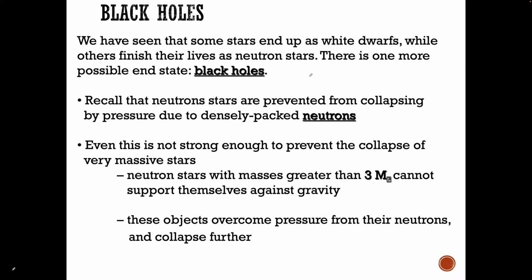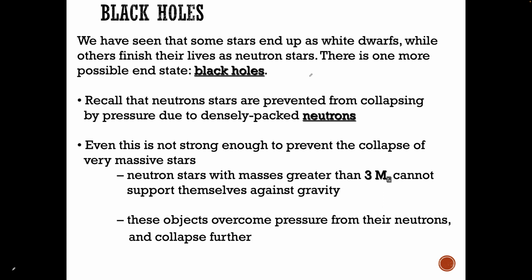And once you have these high mass stars, the stars greater than 8 solar masses, most of these stars will end up as neutron stars. However, there is one possible end state for these stars, and that particular end state is called black holes.